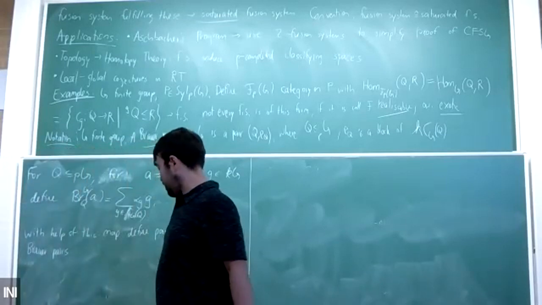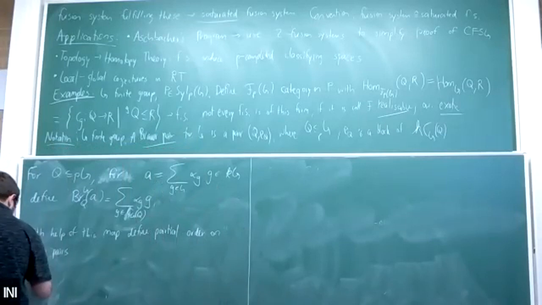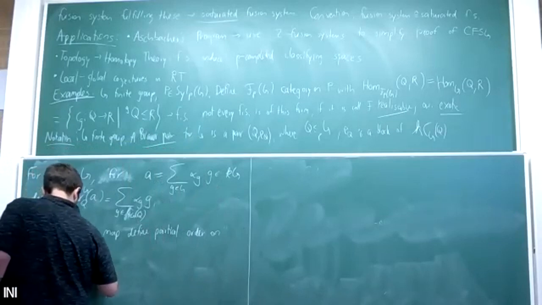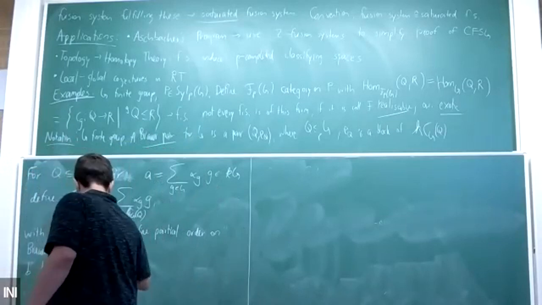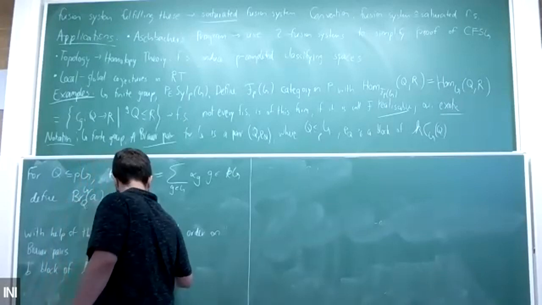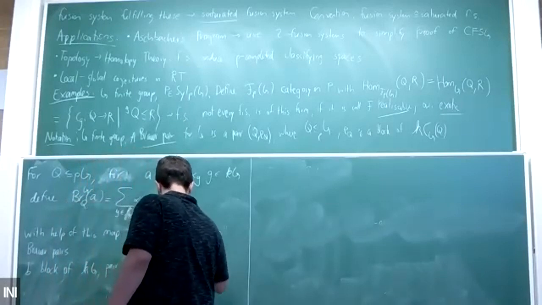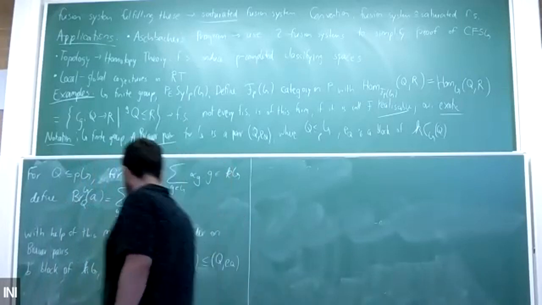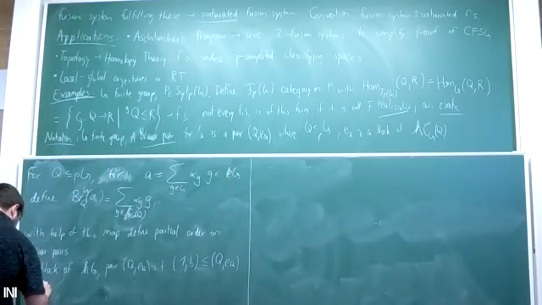And it should also be stressed that in particular, we can look at the following situation. We take B to be a block of KG, and then a pair (Q, e_Q) such that we have (1, B) less than or equal to (Q, e_Q) is called a B-Brauer pair.